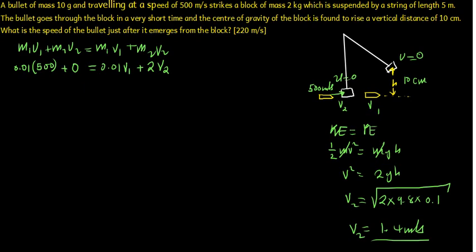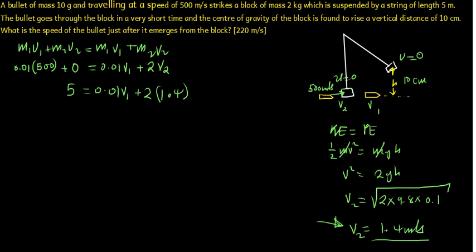So 0.01 multiplied by 500, that is a 5. So 5 is equal to 0.01 v1 plus 2, where for v2 we have found the velocity at which it will be moving now, which is 1.4. So the same velocity with which it will start moving here will be the final velocity here, because initially it had the velocity of 0.